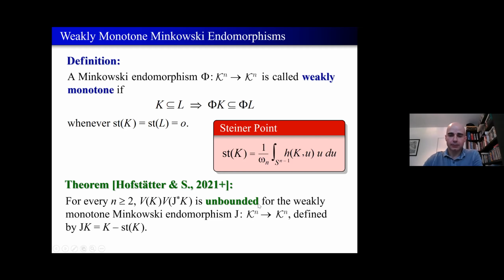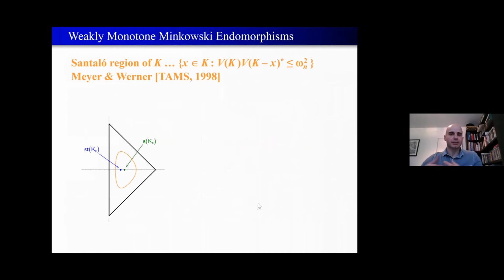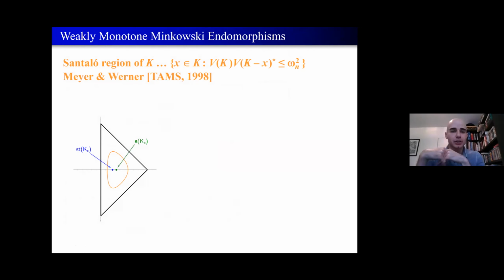And so here's the idea. This is actually a computation, and I'm not going to do the computation for you, but I'm going to give you the idea of the computation in 2 dimensions. So this result is true starting from dimensions n greater or equal to 2. What I've plotted here is a triangle.